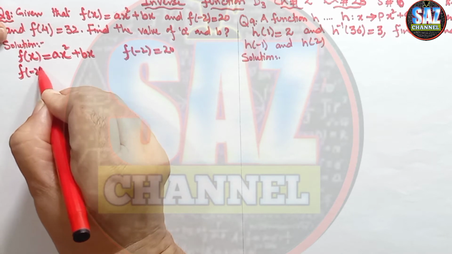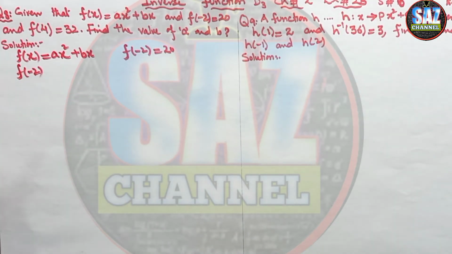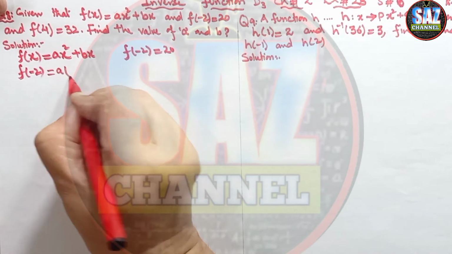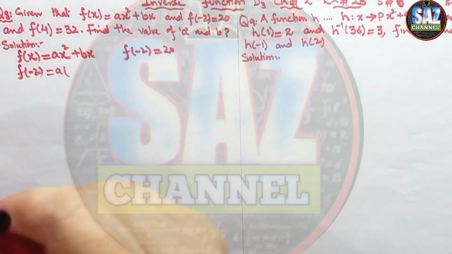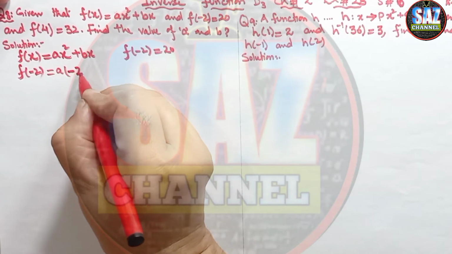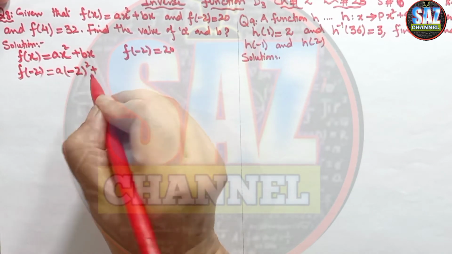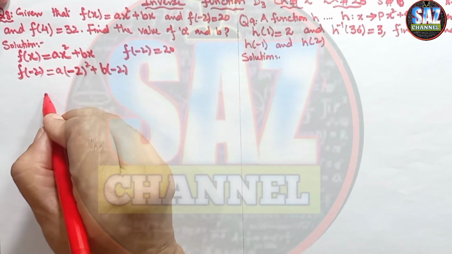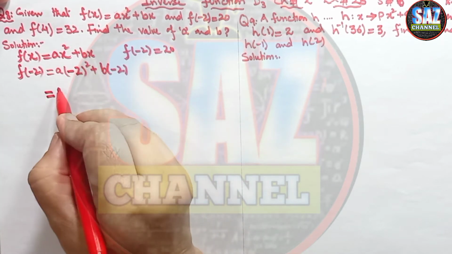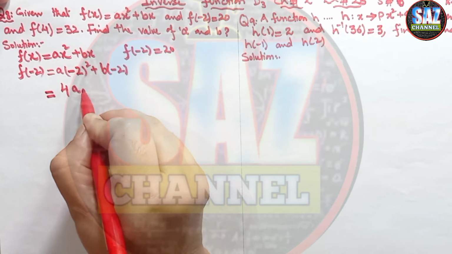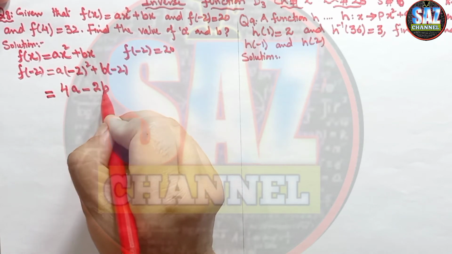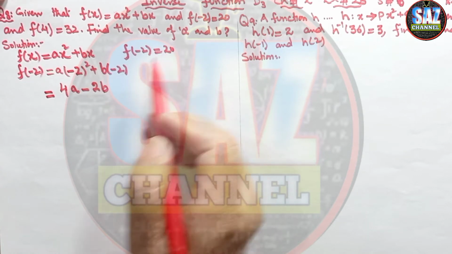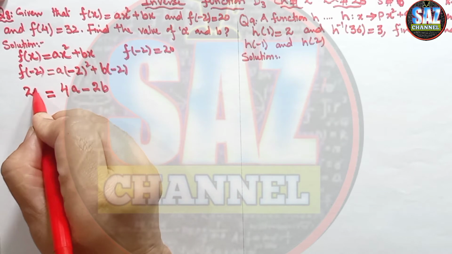So the equation will take the form f of minus 2 equals a into minus 2 square plus b into minus 2, and this will take the form, the square of minus 2 will be 4a minus 2b, and instead of f of minus 2 I have to replace 20. This is equal to 20.